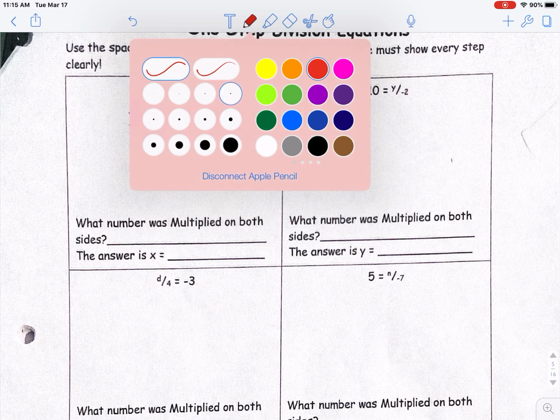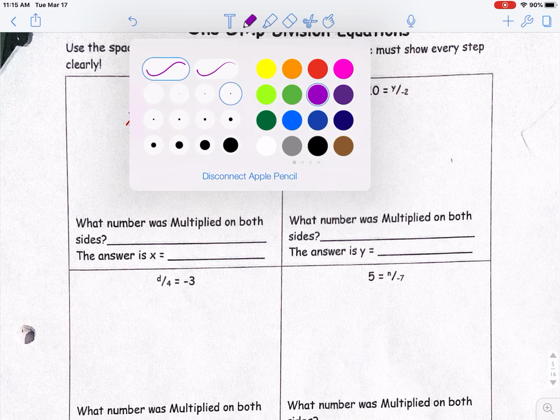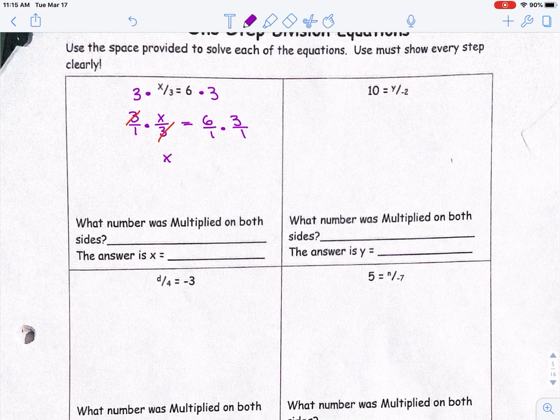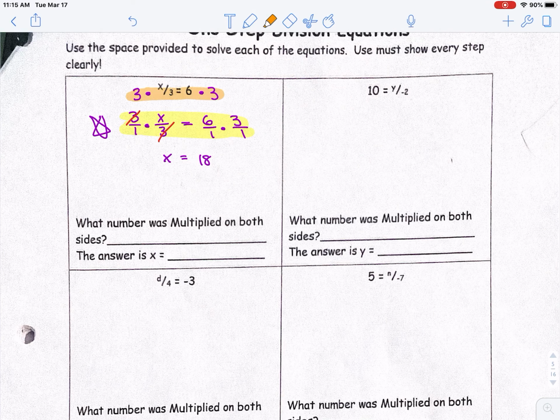As you can see here, these 3's would cancel, and we would be left with just x is equal to 18. You do not need to write this out how I just had right here in yellow, okay? I was just trying to show you how this works. All you need is this top row, okay? But we do get x is equal to 18.